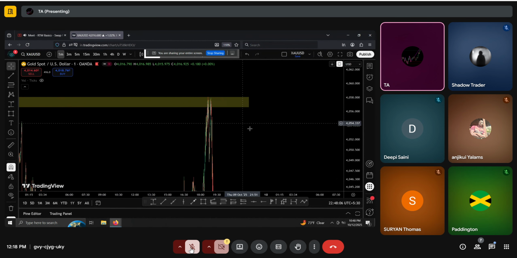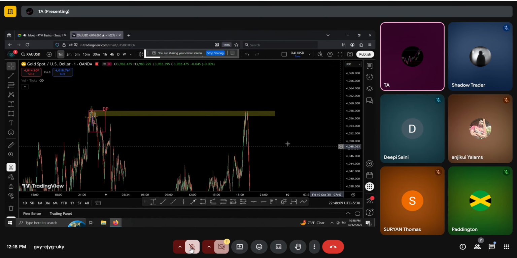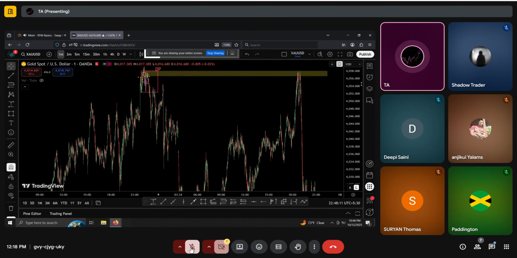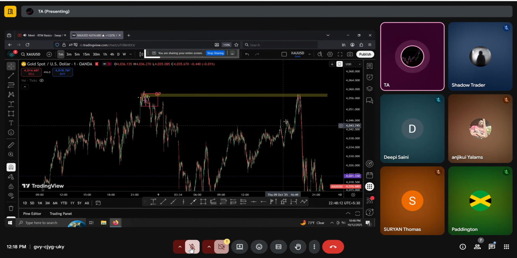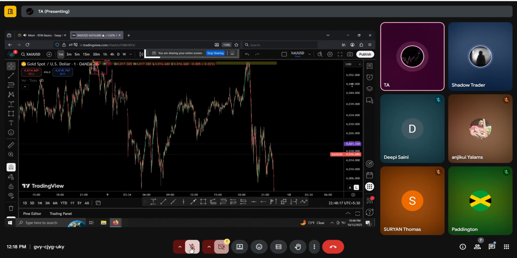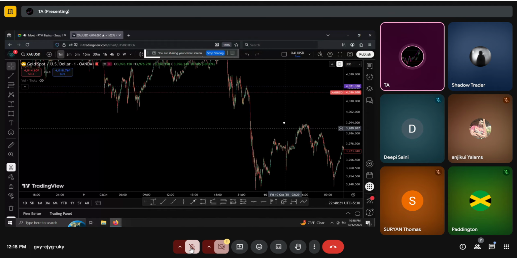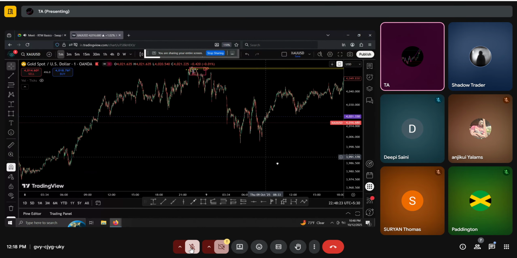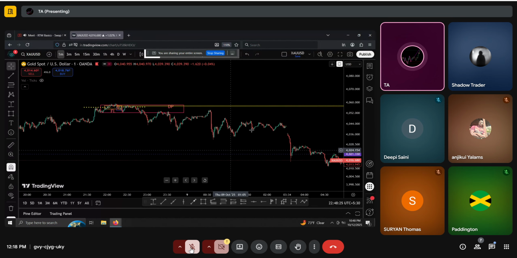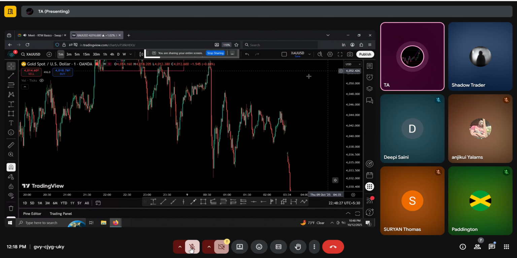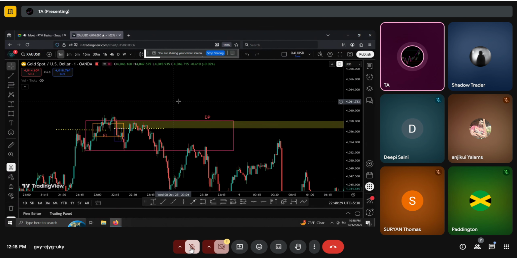And what happened here? Do you see this? Price goes up again and they exited the market. See this fall, right? So the MPL zone gives you the biggest risk reward rate.